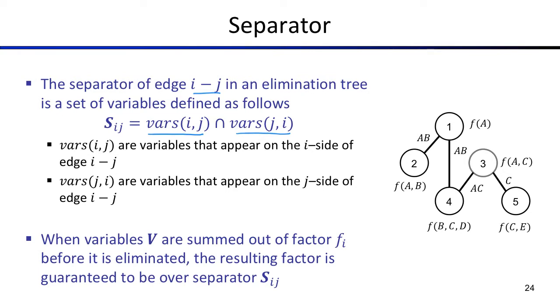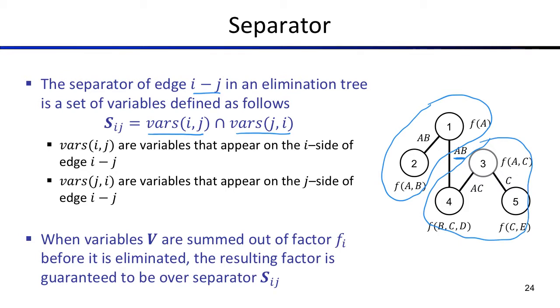Let's suppose that I want to compute this separator here. This figure is the same one that I have used in the previous videos, but now I have included the separators. This separator will be the intersection between the variables that occur in factors on this side and the factors that occur on this side.